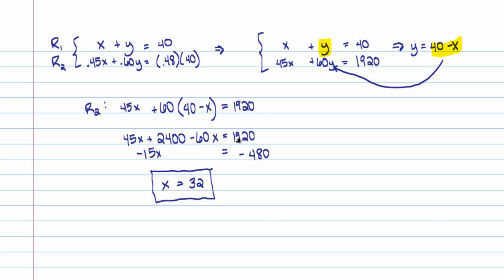Now remember, once you're done finding out what one of the variables is, you can find out the value of the other variable by plugging that value of x into any of your previous equations. Pick an easy one. For example, this one right here. It usually is this one that you use for the substitution. That's the easiest one. So I happen to know that y is equal to 40 minus x. And I know that x is 32, so y must be 8.